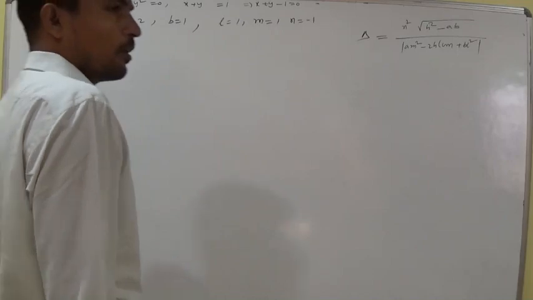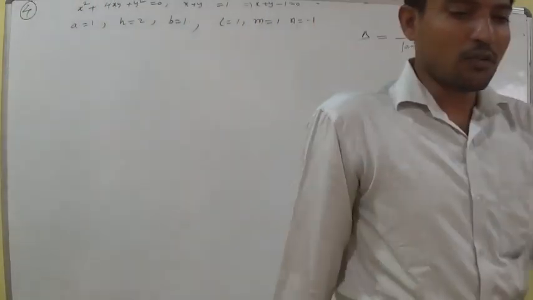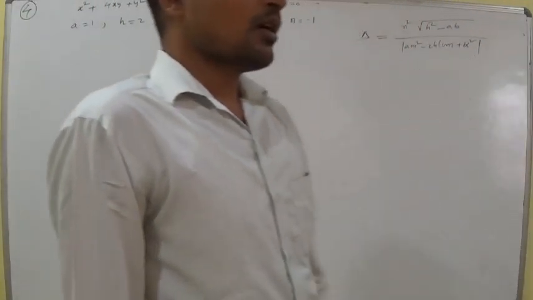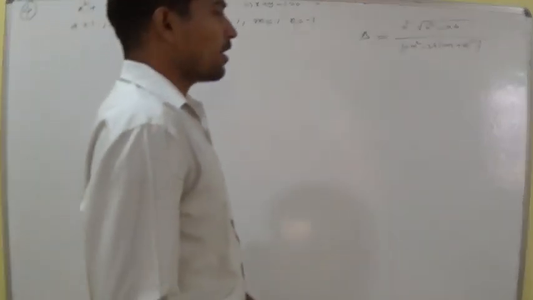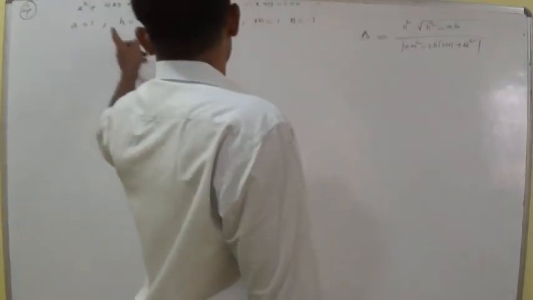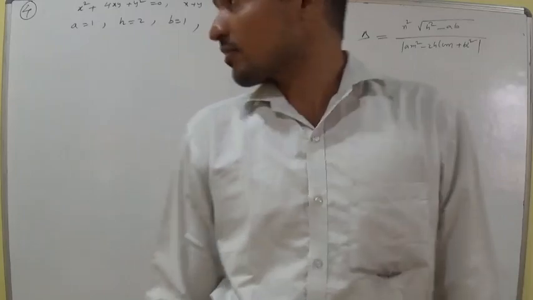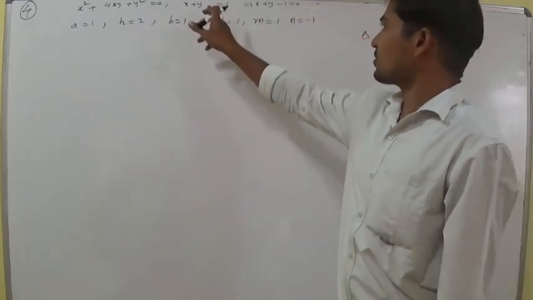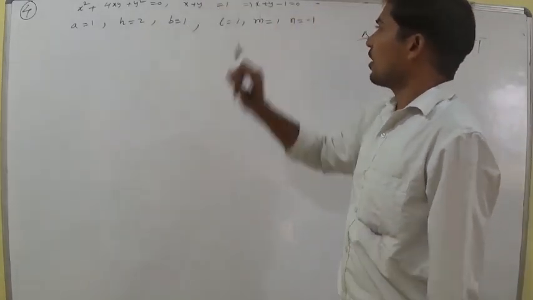See, fourth problem: find the area of the lines x square plus 4xy plus y square is equal to 0 and x plus y equal to 1.